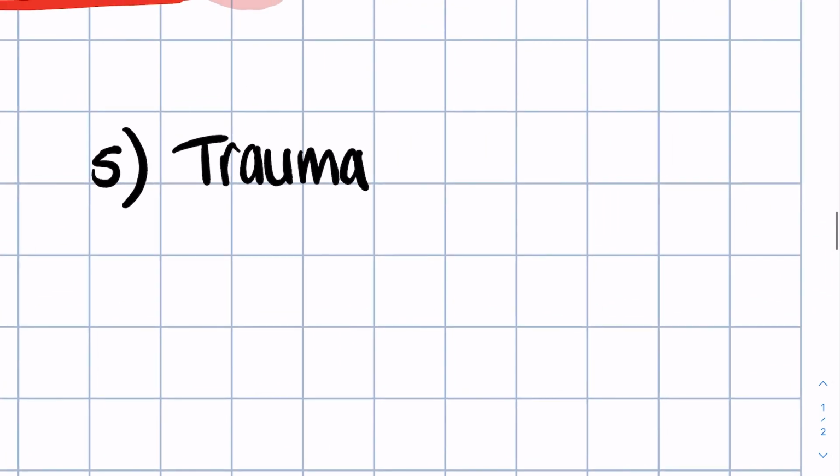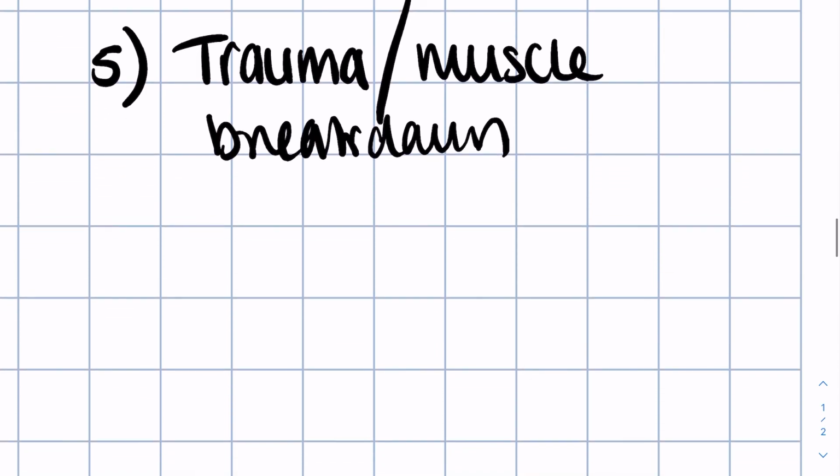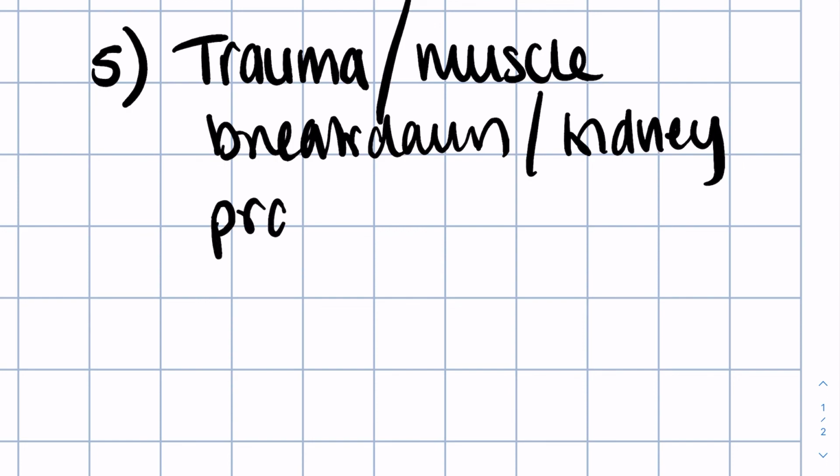So things like trauma, things like muscle breakdown, things like kidney injuries, so kidney problems, where you can't excrete the potassium and it just builds up.